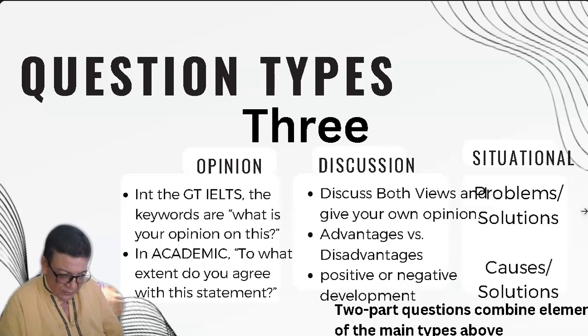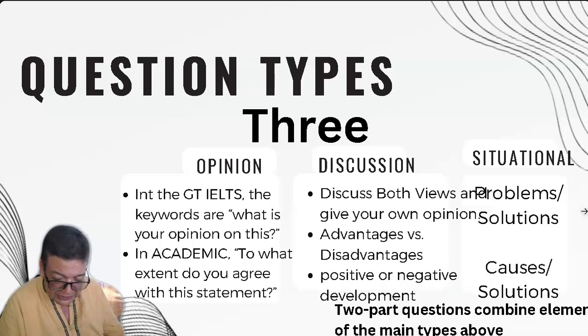Discussion essays will include, of course, discuss both views and give your own opinion questions, as well as advantages and disadvantages, positive and negative development essays as well. And most of them are going to ask you if one of them outweighs the other one, when you should pick a side, but not always.